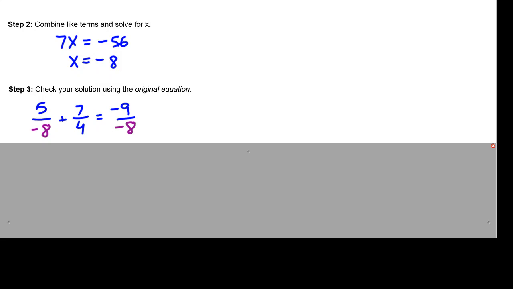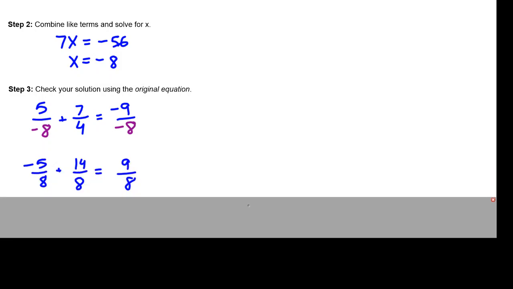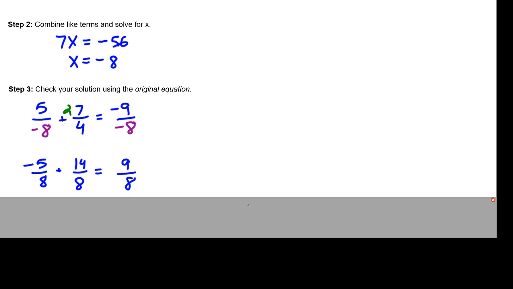Now we have to simplify this equation a little bit. I multiplied the numerator and denominator of the fraction 7 over 4 by 2. That created common denominators throughout. I also took the negative 9 over negative 8 and wrote that as a positive 9 over 8.